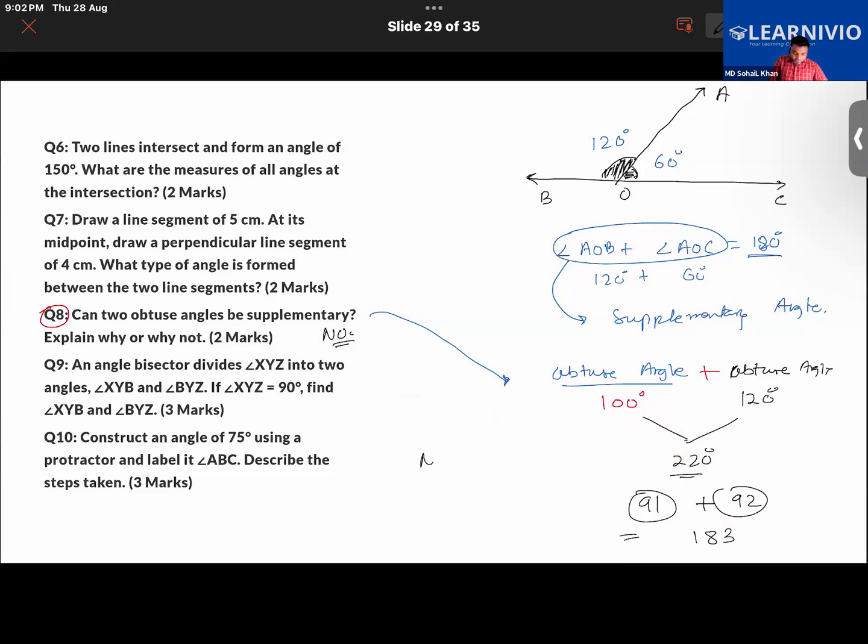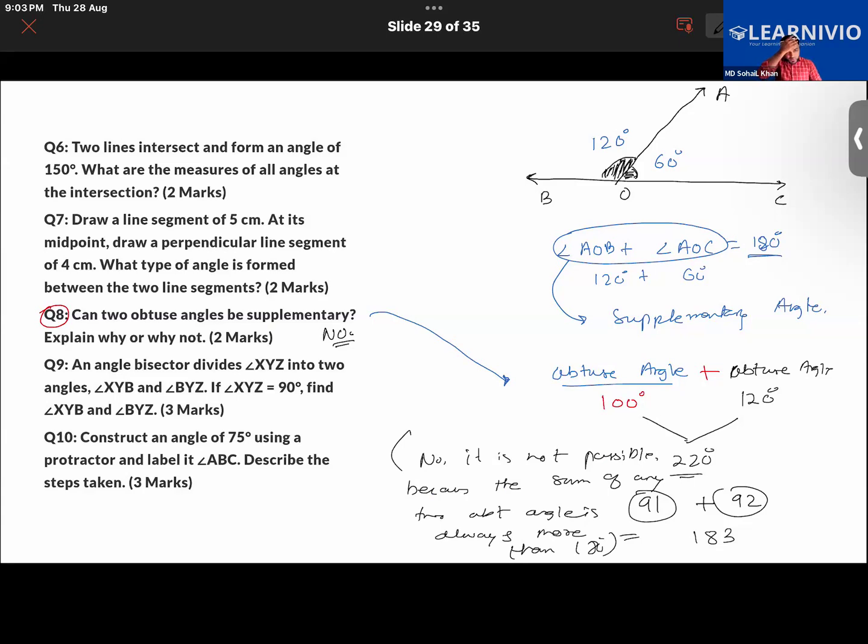Then you will write down that no, it is not possible, because the sum of any two obtuse angles is always more than 180. Clear? Okay, move to the next question now. Question number 9.